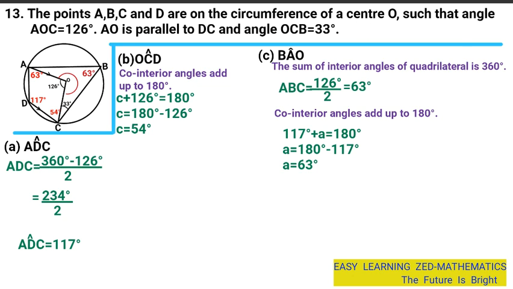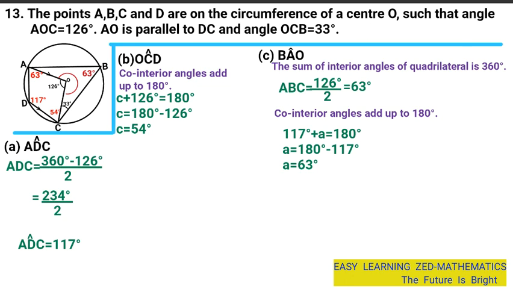We can get this angle by using the principle I mentioned earlier, that the sum of interior angles of a quadrilateral is 360 degrees.